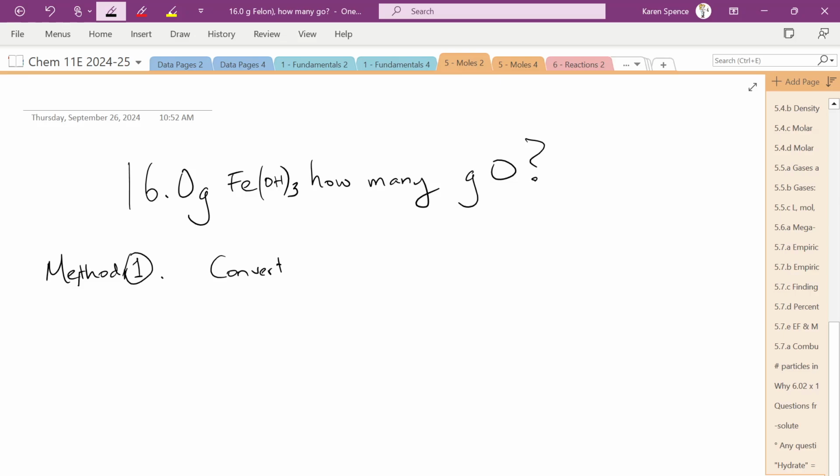How are we doing? Anyone need more time to work on that one? Okay, what could we convert if we wanted to do it by conversion? Some of you probably did it by conversion. What could we convert our 16 grams of FeOH3 into?